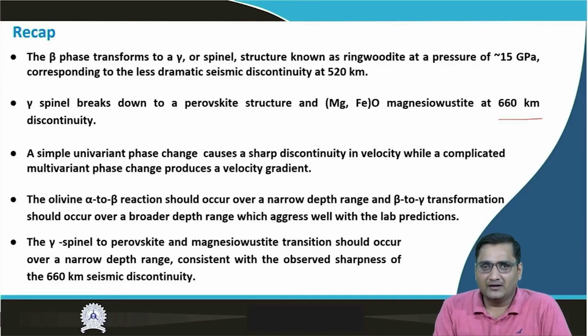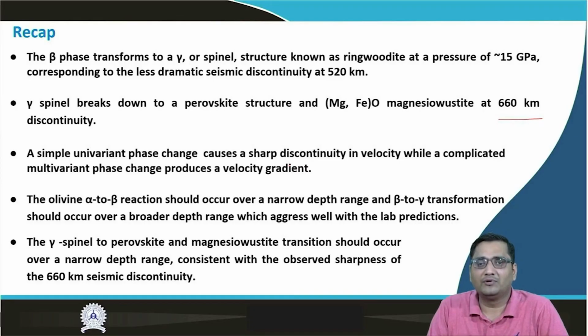A simple univariant phase change causes a sharp discontinuity in the velocity, while a complicated multivariant phase change produces a velocity gradient.